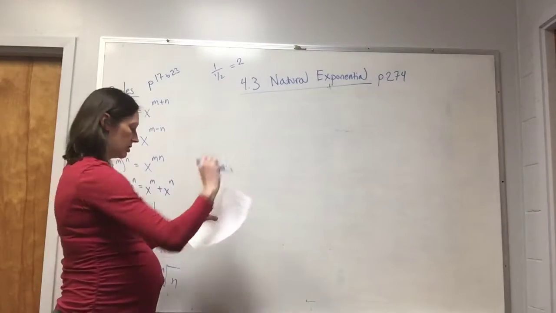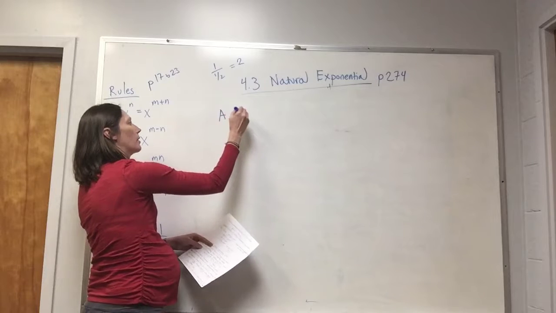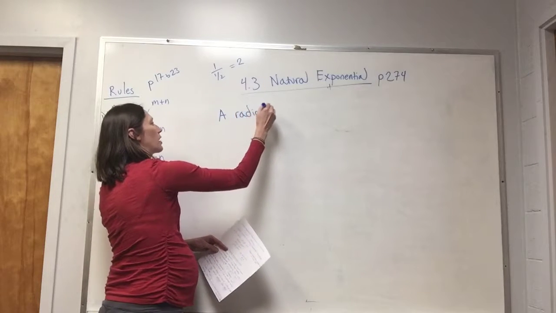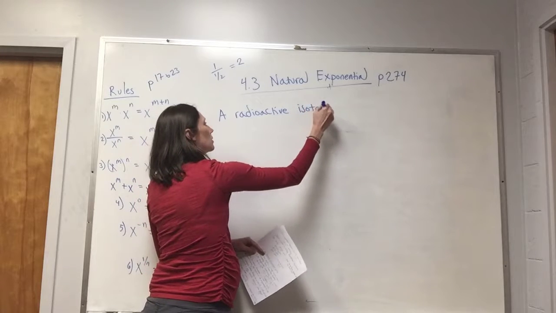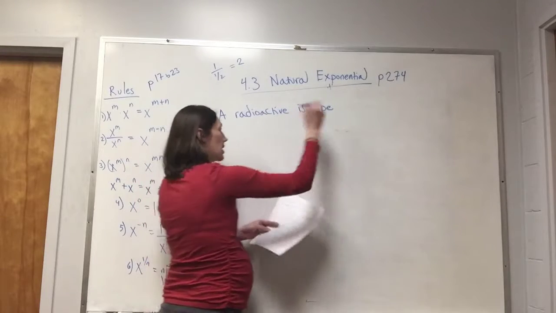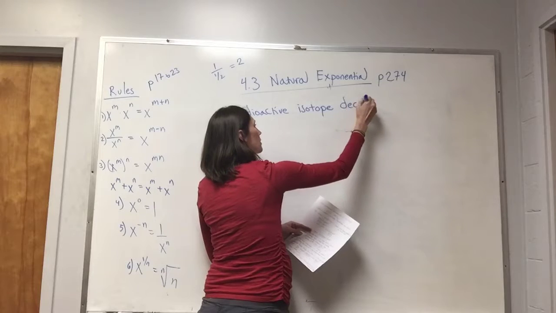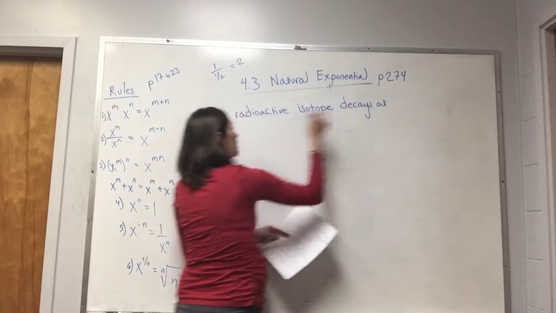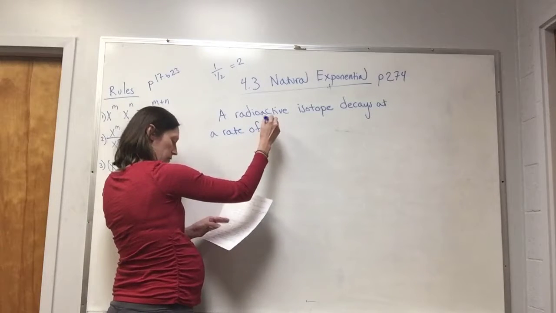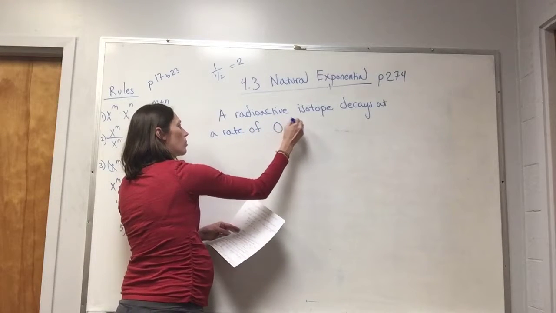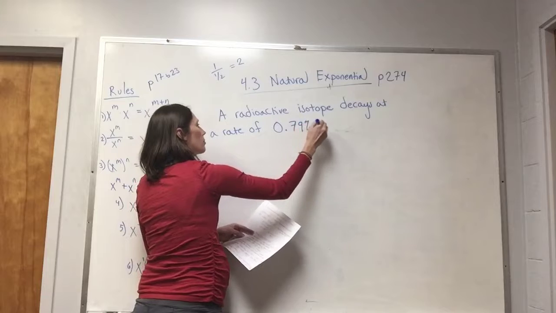Okay, so that situation says we have a radioactive isotope that decays at a rate of 0.79% per year.